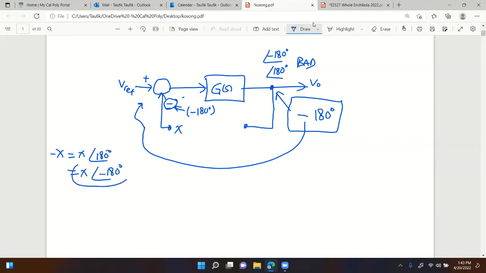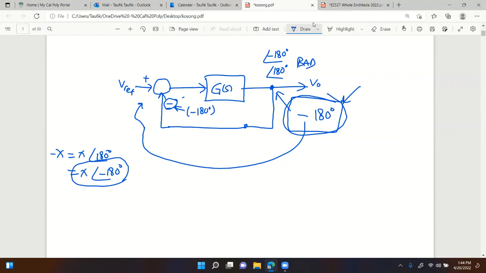Again, I'm just going to use minus because typically we have lagging systems. Agree? So that negative sign is already saying I'm going to add minus 180 degrees phase angle to whatever comes into the summing junction. So imagine if the signal we have from the output already has minus 180 degrees, then we close the loop.